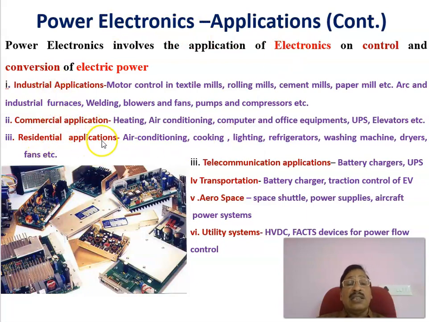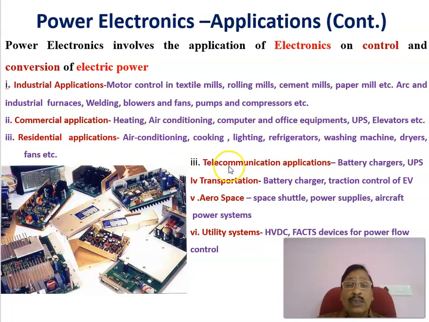Then residential applications: in houses, air conditioning requires power electronic switches and devices, and it is used for cooking, like induction cooking and different types of cooking gadgets or equipment. It is used for lighting, refrigerators, washing machines, etc. For different residential applications, power electronics are widely used.